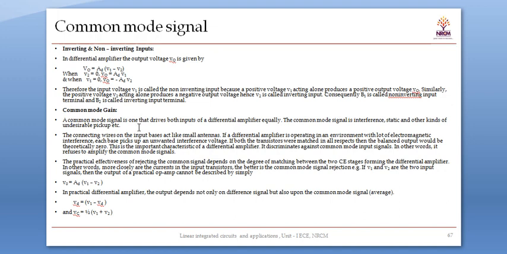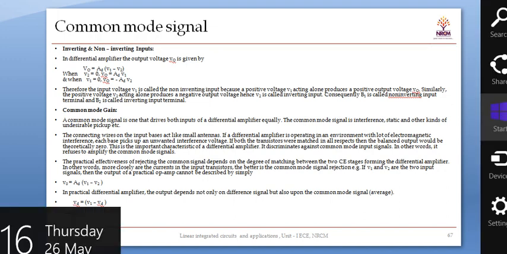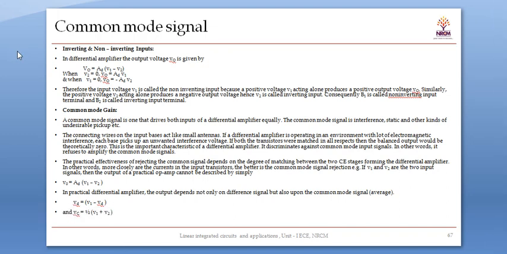So practically some voltage is available, and that V0 is directly proportional to your VC. VC is nothing but the common mode signal. If you remove the proportionality, then V0 is directly proportional to VC, that is, V0 is equal to AC into VC.